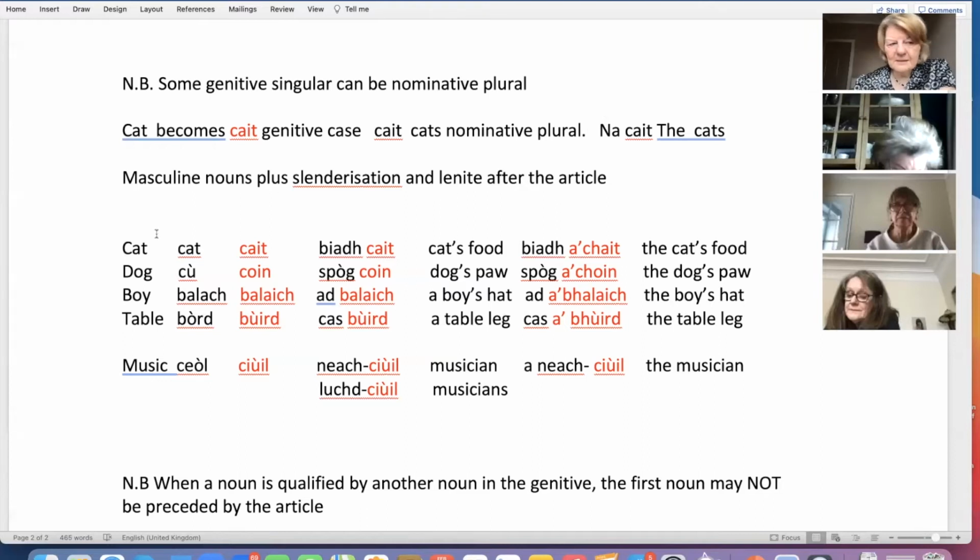So cat, masculine nouns plus slenderization and lenition after the article. Now that is confusing. I know it must be. All right. So we'll say cat, cat becomes cage. So beer cage is food of a cat. Beer cage.